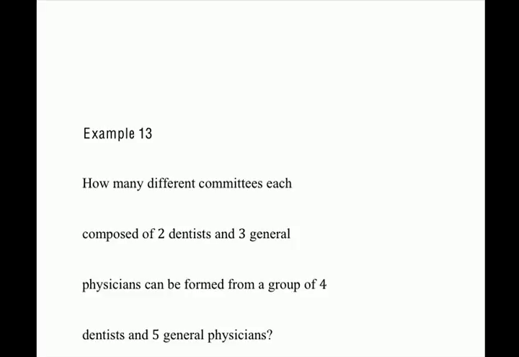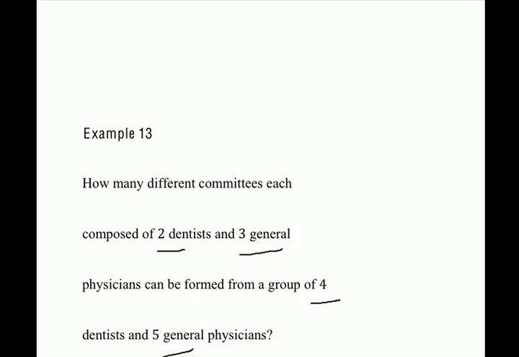So let us look at the next example: how many different committees, each composed of 2 dentists and 3 general physicians, can be formed from a group of 4 dentists and 5 general physicians? What is the question asking?